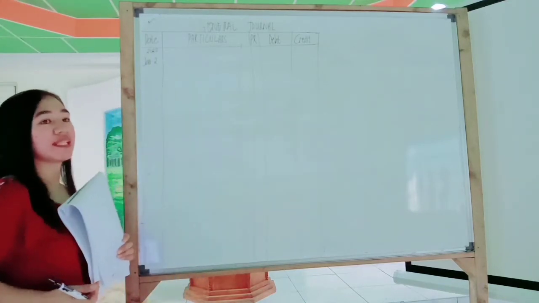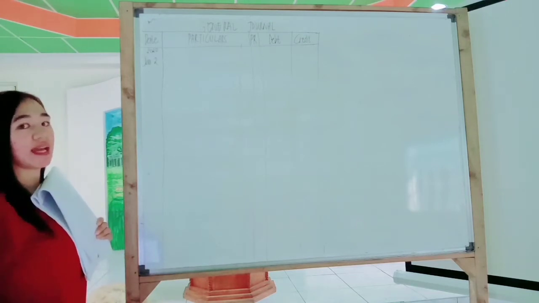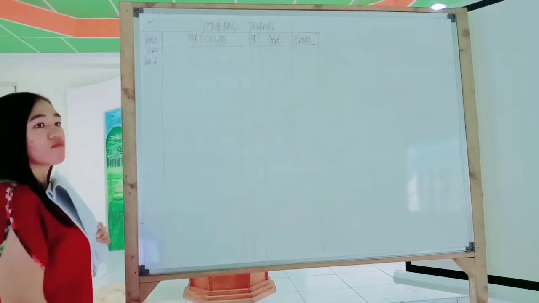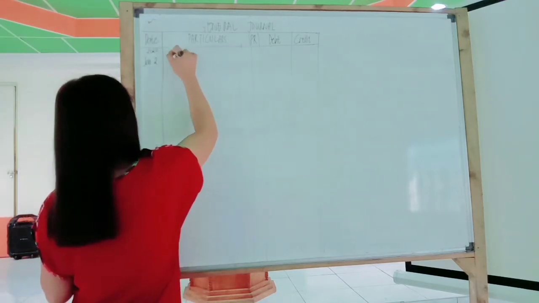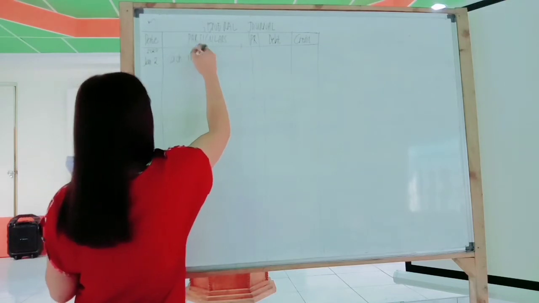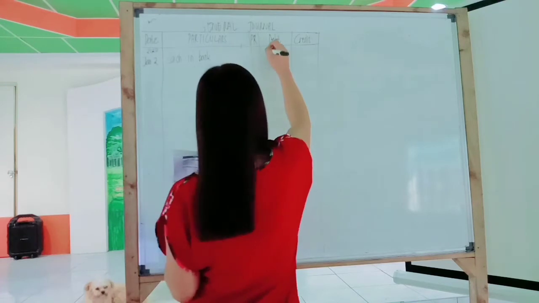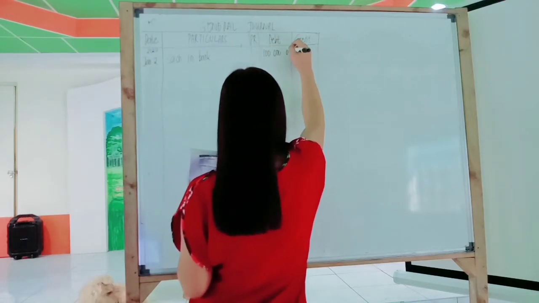Si Miriam nag-invest ng cash with the amount of 100,000 na diniposit niya. Hindi sinabi kung anong bank, but i-assume natin na diniposit niya yun sa bangko. So, cash in bank. How much? 100,000.